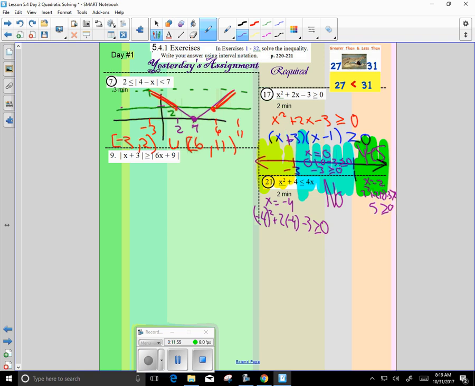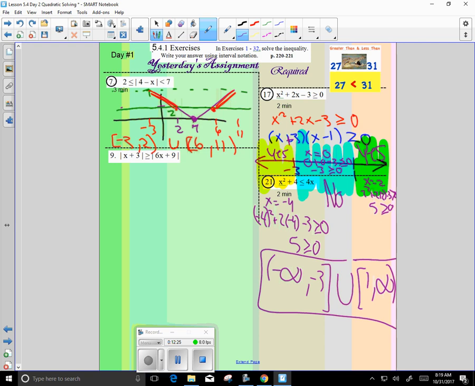Is 16 minus 8, or 8 minus 3, is 5 greater than or equal to 0? It was before, it is again, yes. So therefore, my answer is going to be -infinity, including -3, then from 1 to infinity, and what do you put in between? Union.